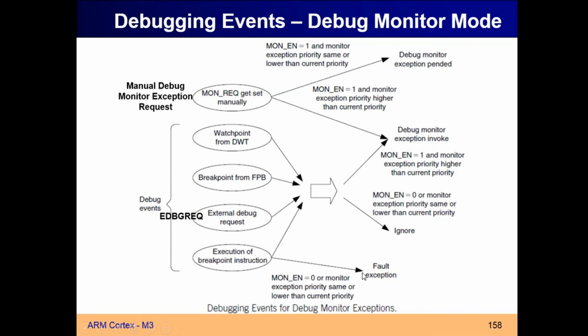In the case of breakpoint, a fault exception will be generated. That fault exception is generated due to the breakpoint. So in the case of a monitor request alone, the debug monitor exception will be pended if any other higher priority interrupt is executing. But in all these cases, it will be ignored if something else is getting executed.